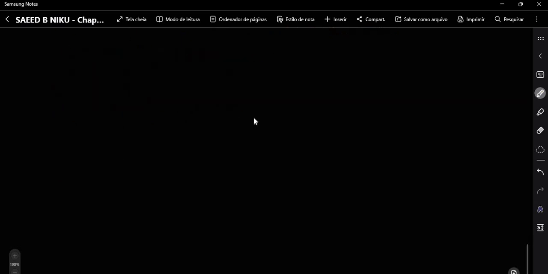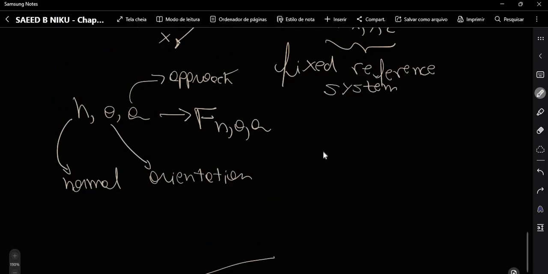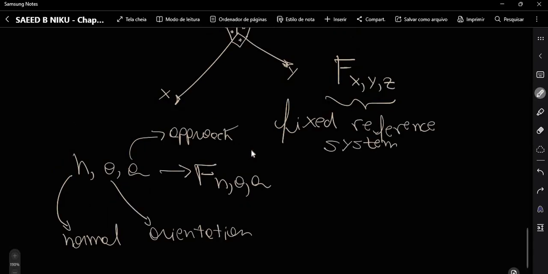So let me draw a robot arm so you can better understand what I'm trying to explain with this fixed reference system and this one, which is movable.